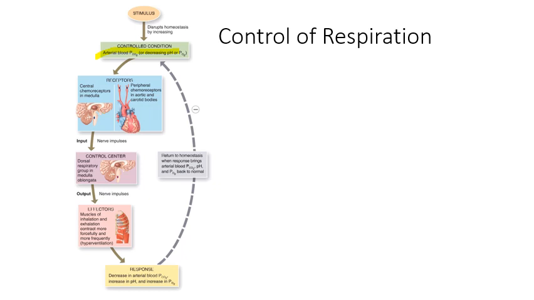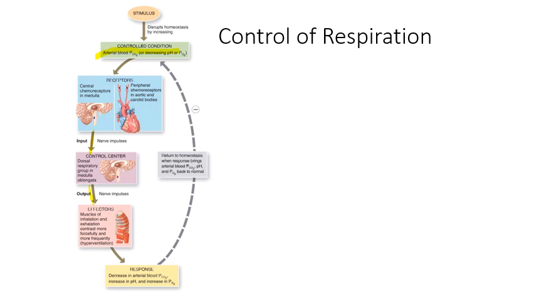So they're going to say, okay, the blood CO2 is too high, the pH is too low. So they're going to send that information to the medulla oblongata, to that dorsal respiratory group within the medulla oblongata, and that's going to send signals out to those effector muscles.